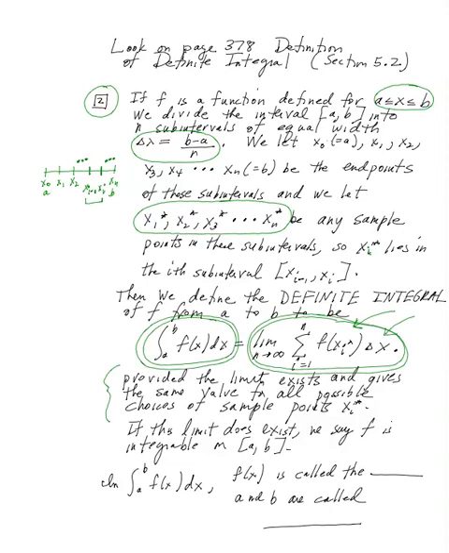Okay, in this symbolism, f of x is called the integrand, and a and b are called the limits of integration. A is called the lower limit, B is called the upper limit.